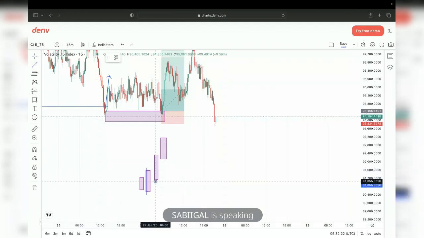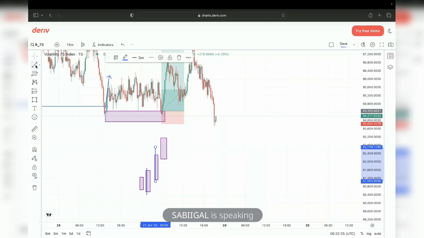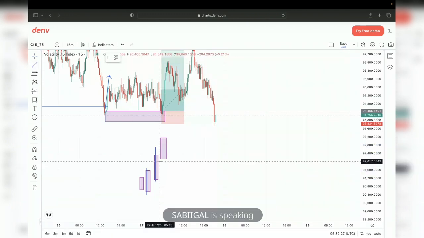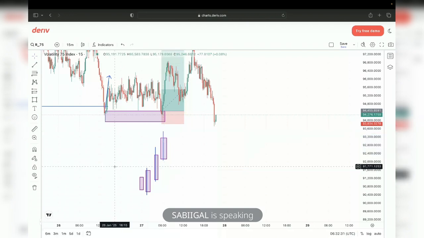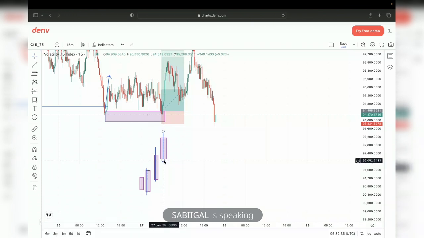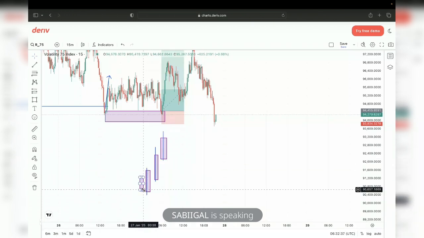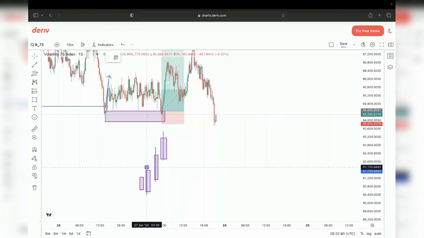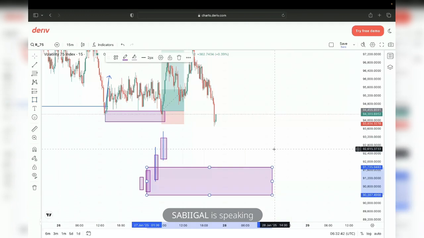This one is for buys, and another one closed above it. Now, without tampering with the wick or the body of this candle that closed below this one, this particular candle becomes a pullback candle.